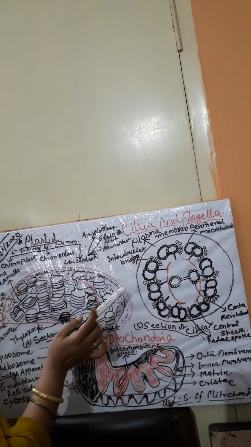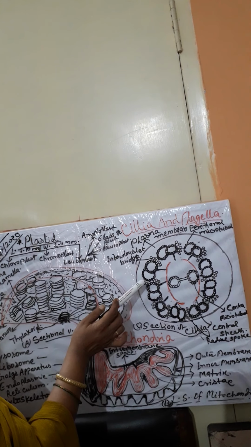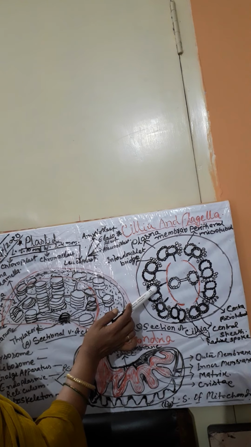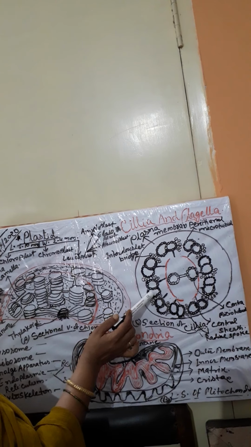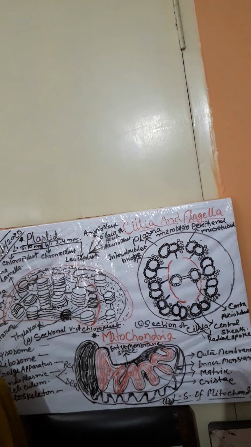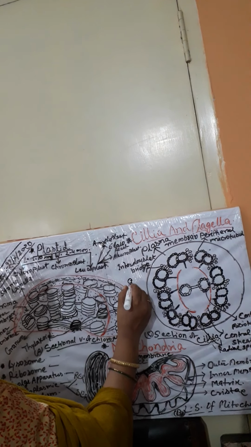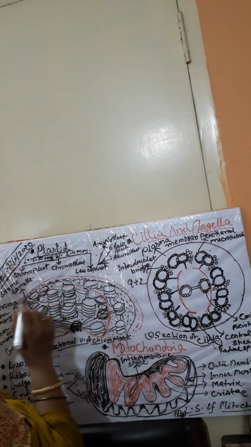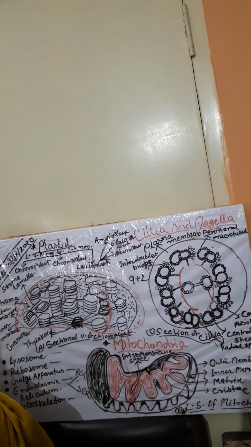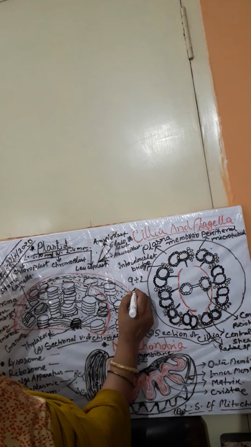Such an arrangement of axonemal microtubules is referred to as the 9 plus 2 array.